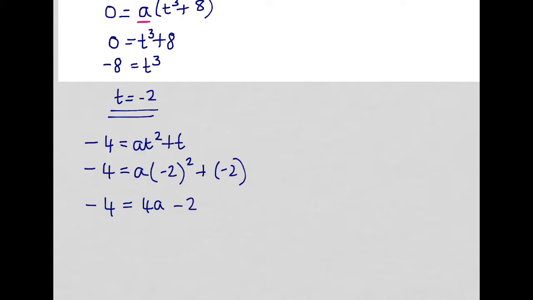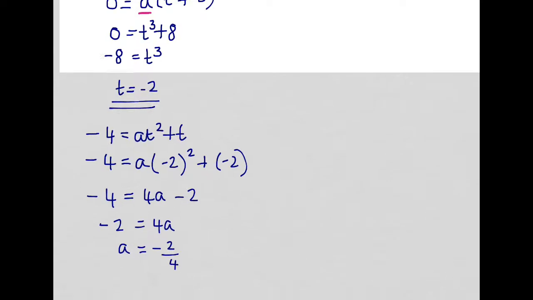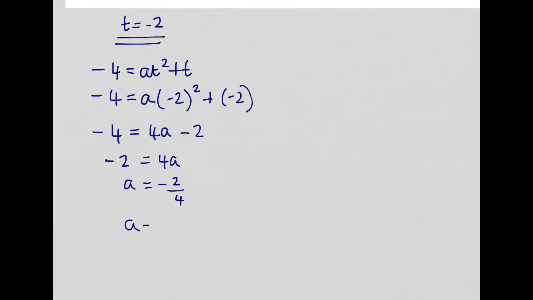So -2 is equal to 4a, because I've now added 2 to both sides. So a equals -2 over 4, which would just be -1/2. So you've actually found out what a is, and that's it, done.